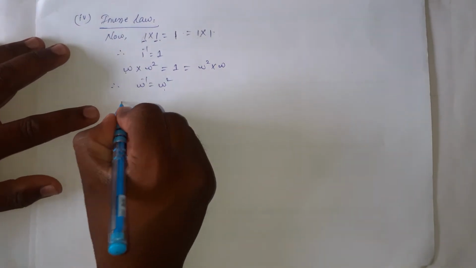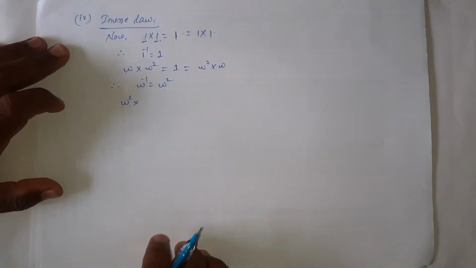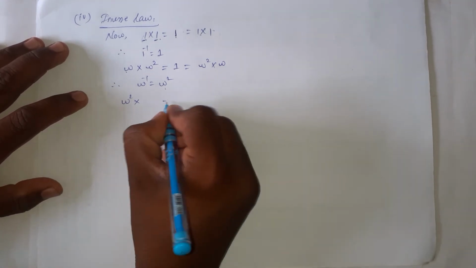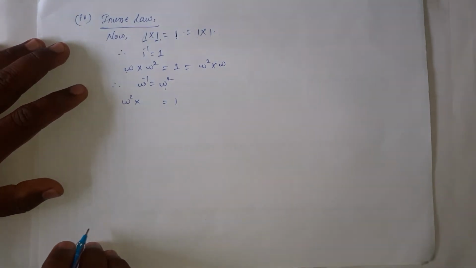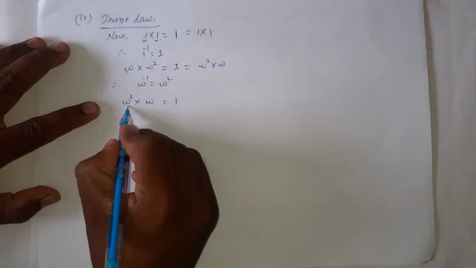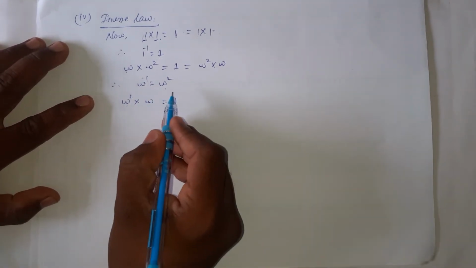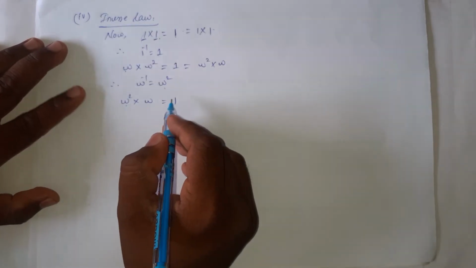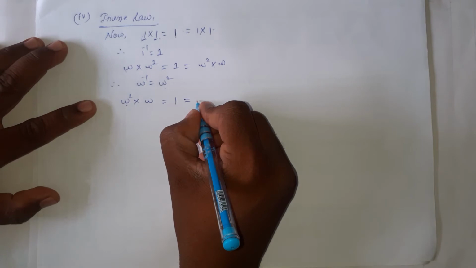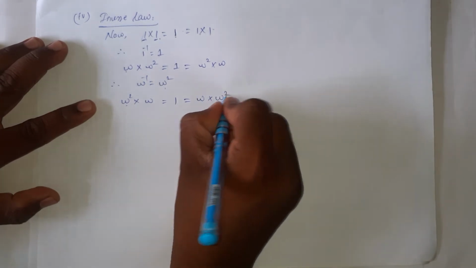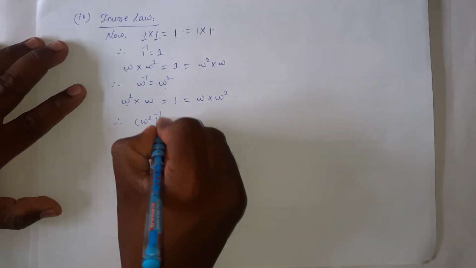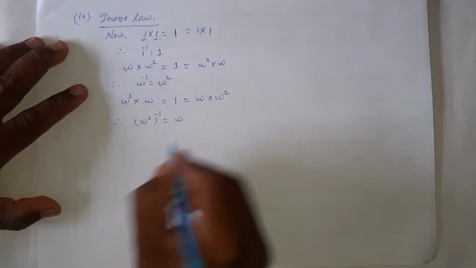Then the third element is omega square. Here we need to multiply by some element of G in order to get plus 1 as the product. We need to multiply by omega, because omega square into omega is equal to omega cube, and its value is equal to 1. This can be written as omega into omega square, so the inverse of omega square is omega.